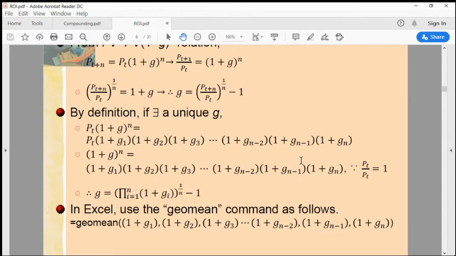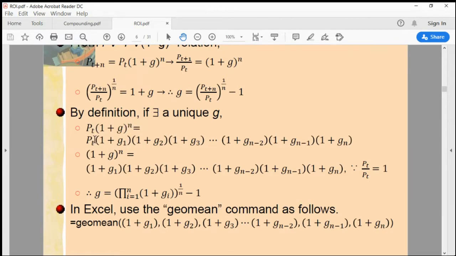But if we found an average, we can replace it with even growth, the same growth rate year after year. Then it will turn into simply 1 plus G raised to the nth power, and it will still be PT plus N, right? So you can put an equal sign between the two.